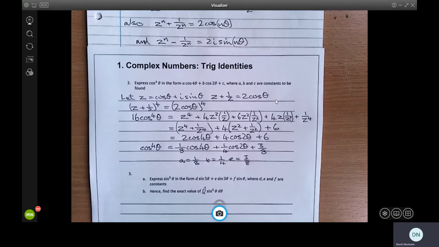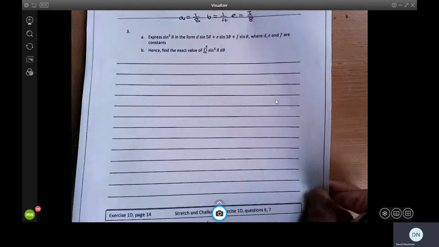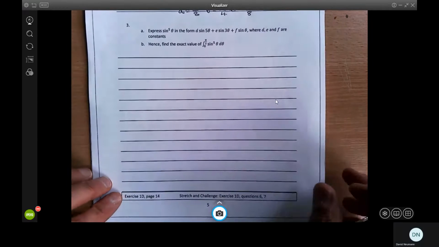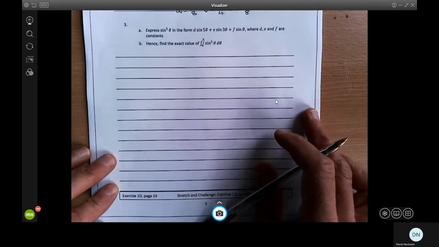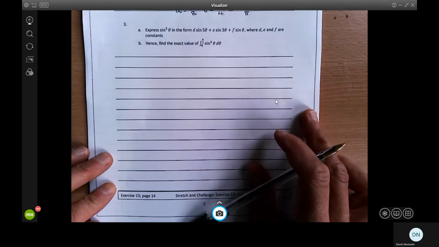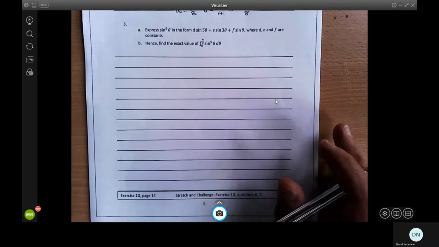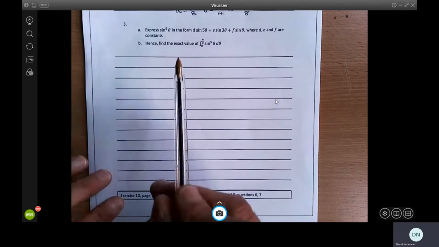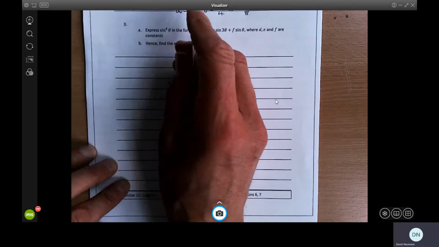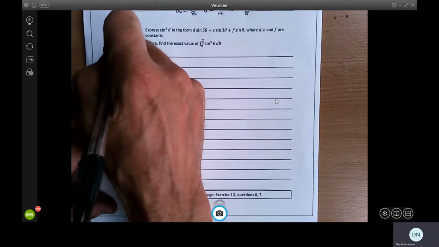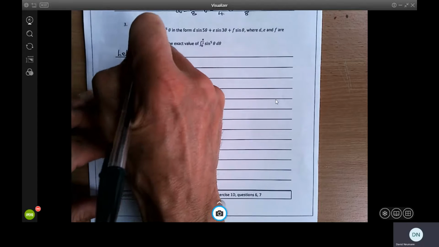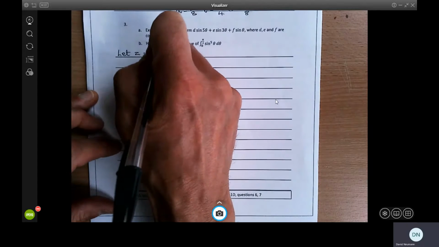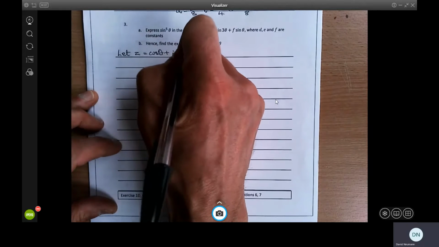We can do a similar thing with sine. So again, we're going to say let z equal cos theta plus i sine theta.